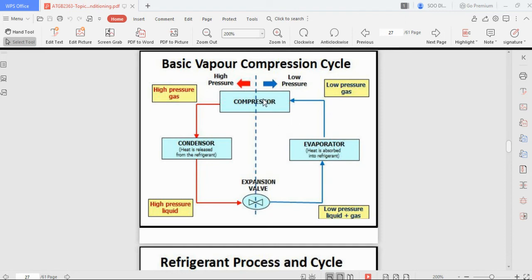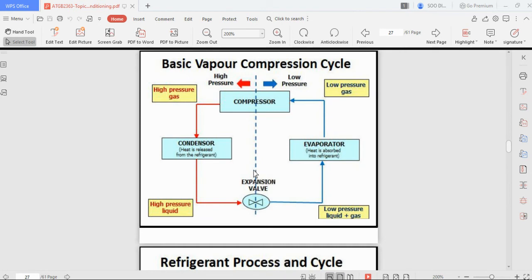So there are four components in this. The compressor will compress the refrigerant from low pressure to high pressure. This is the first component's function. It compresses the gas and it will move to the condenser. Then at the condenser, heat will be released. Once the heat is released, it will move to the expansion valve.